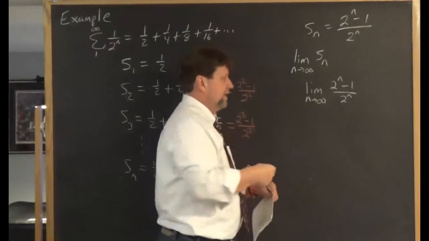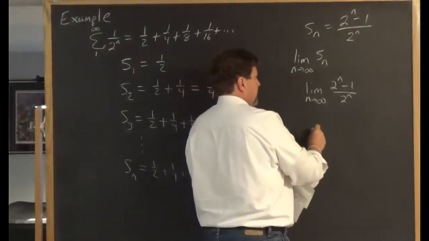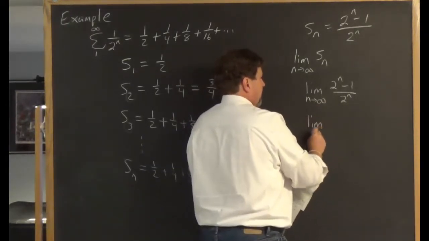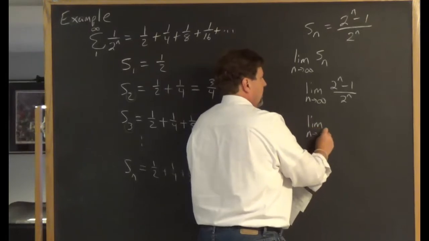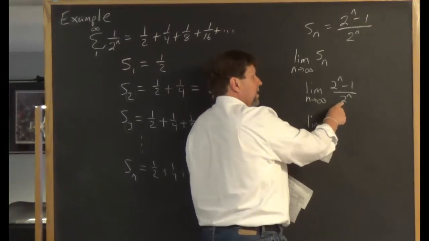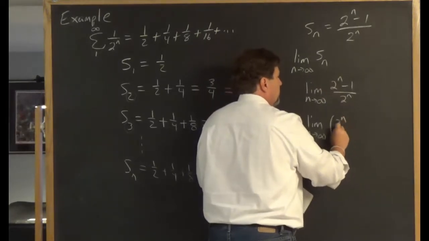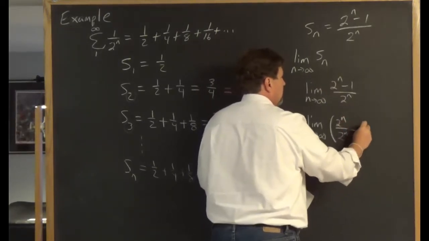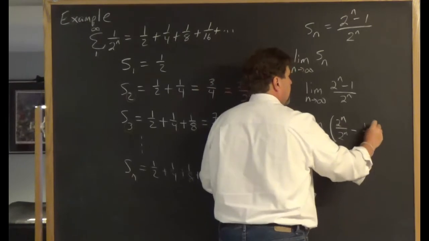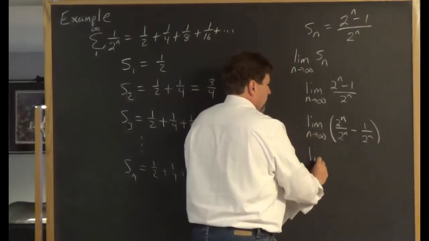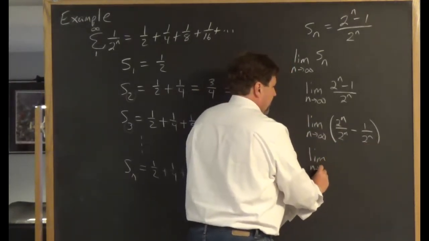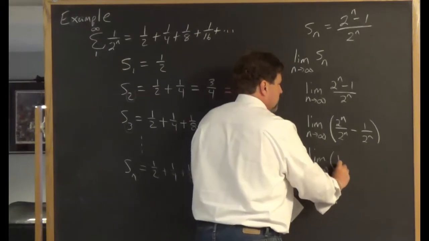In finding this limit, I would make use of the fact that that's a common denominator. So I could write this as 2 to the n over 2 to the n minus 1 over 2 to the n. And we know 2 to the n over 2 to the n is 1.